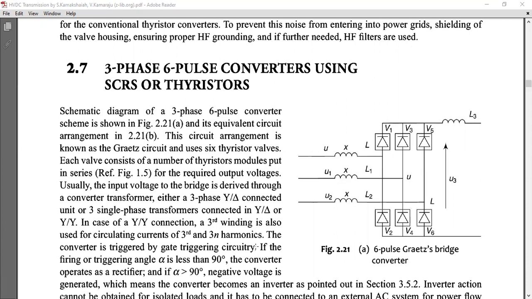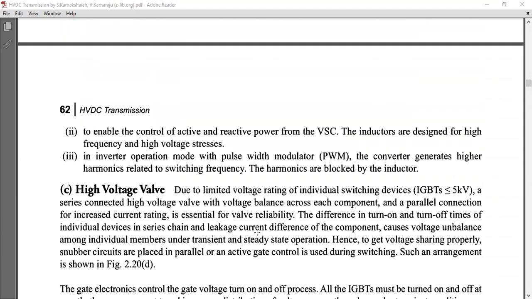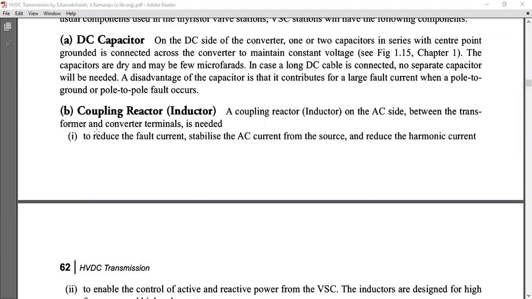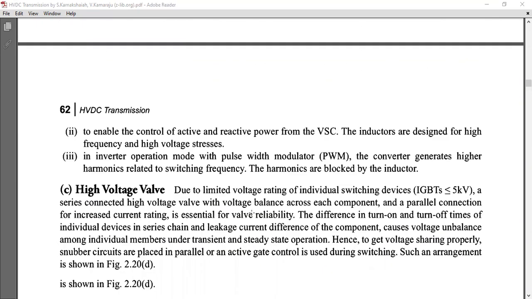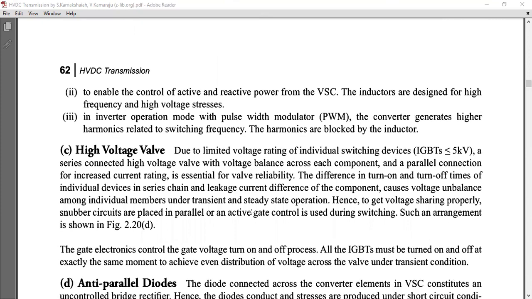The inductor, the coupling reactor, is on the AC side between the transformer and the converter terminals. Its function is to reduce the fault current, and it enables control of active and reactive powers from the VSC. Third, if you use PWM, it generates higher harmonics related to the switching frequency, and these harmonics are blocked in this PWM.